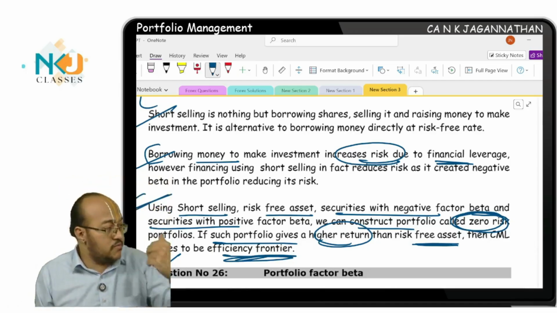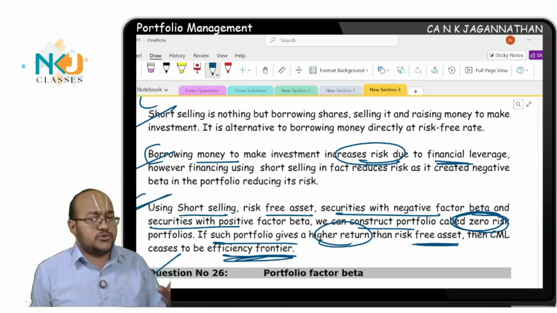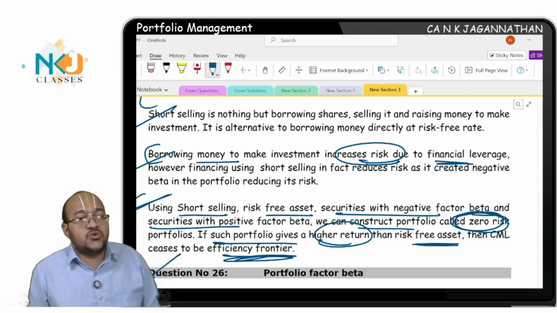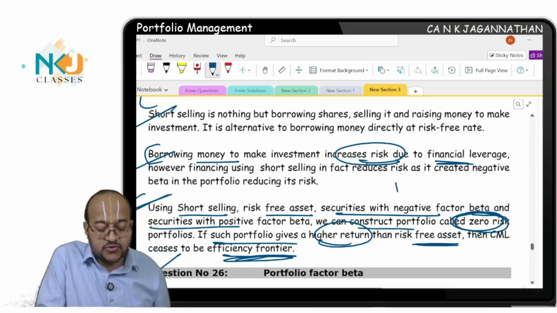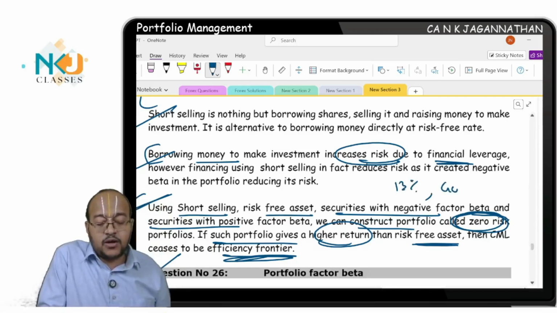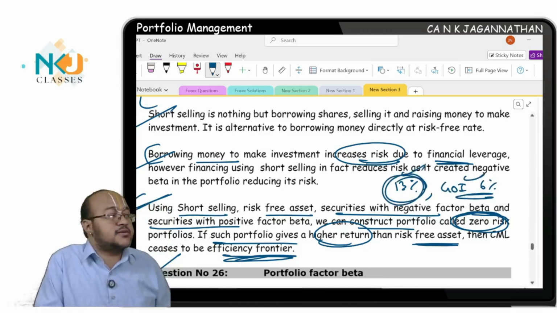No, if you combine short selling, it will be even better, because you can bring the portfolio risk to zero. Whatever return you are giving, suppose this portfolio gives you 13% return and Government of India bonds give you 6% return, this is also risk-free, so this will become a superior risk-free instrument.